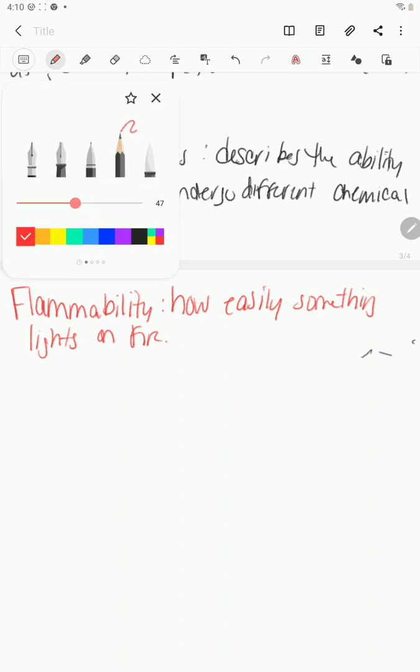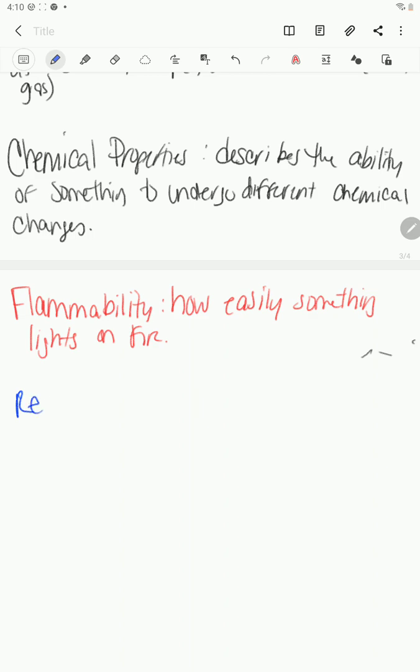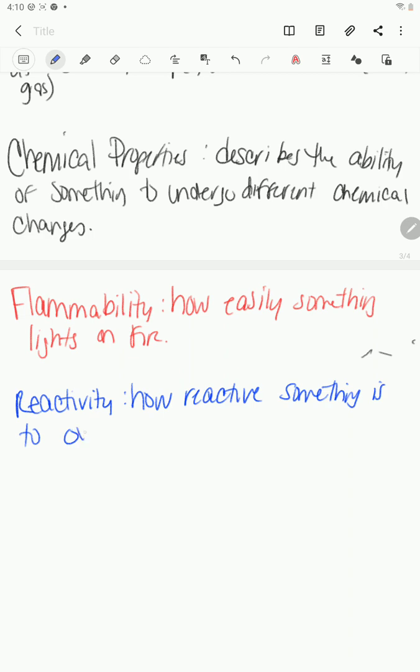Okay, and then we also have reactivity. And this is how reactive something is to oxygen, water, light, and so on and so forth, right? So, for example, if you take fire and you pour water on it, it's reactive, right?